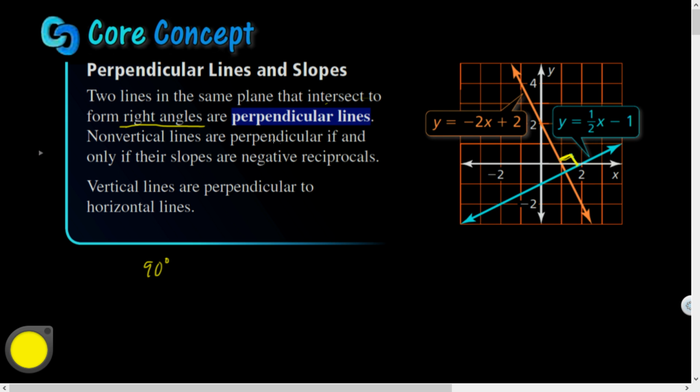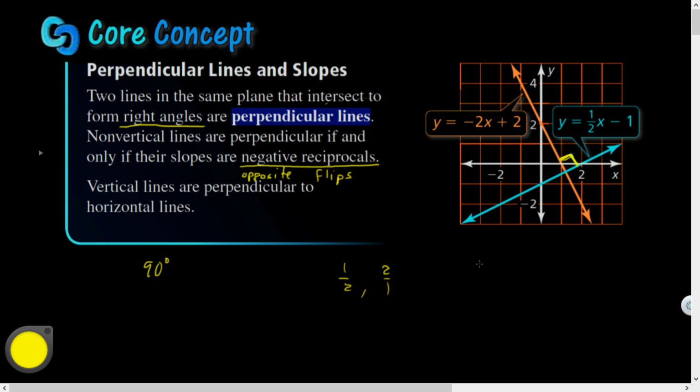Non-vertical lines are perpendicular if and only if their slopes are negative reciprocals. I'm going to write opposite flips of each other. Sometimes for reciprocals I say refliprocals. For instance, if I have 1/2, the reciprocal is 2/1.